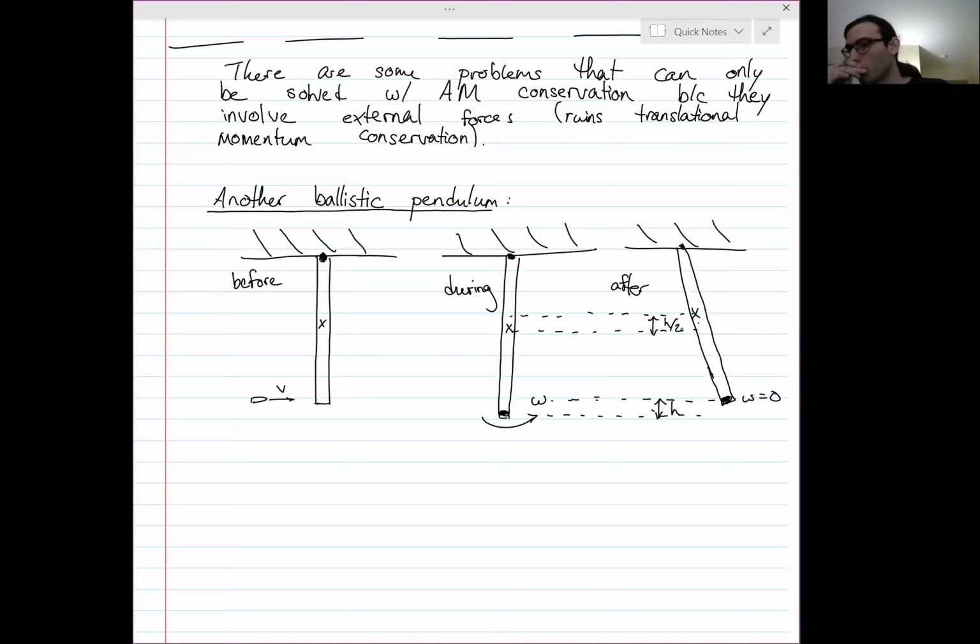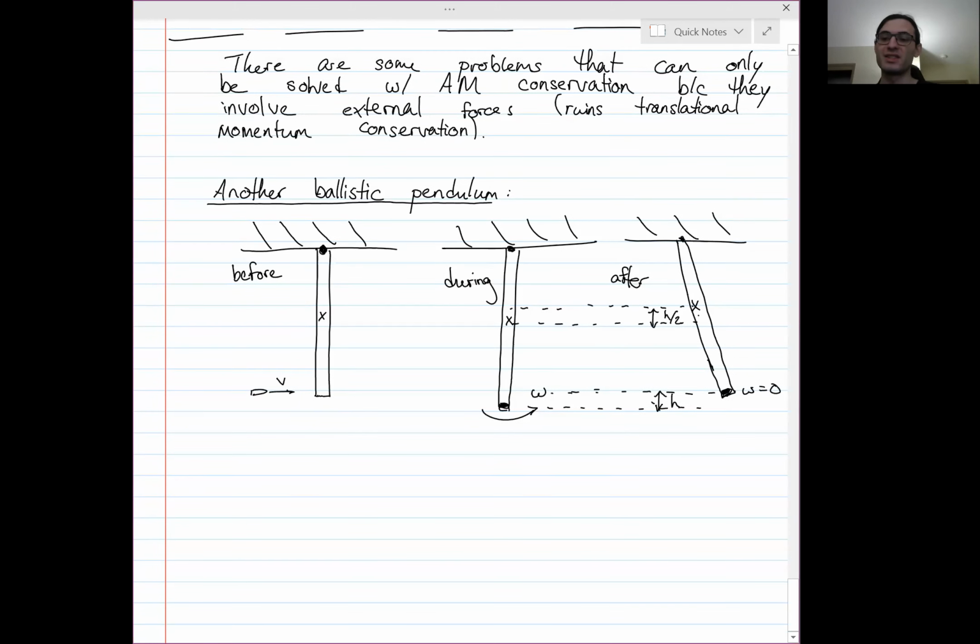And so what we note here is that there is an external force that we have to deal with, because this hinge here at the top is providing a force pulling the object up, which typically wouldn't contribute to the translational momentum conservation, but this pivot is also providing a force left and right, perhaps.